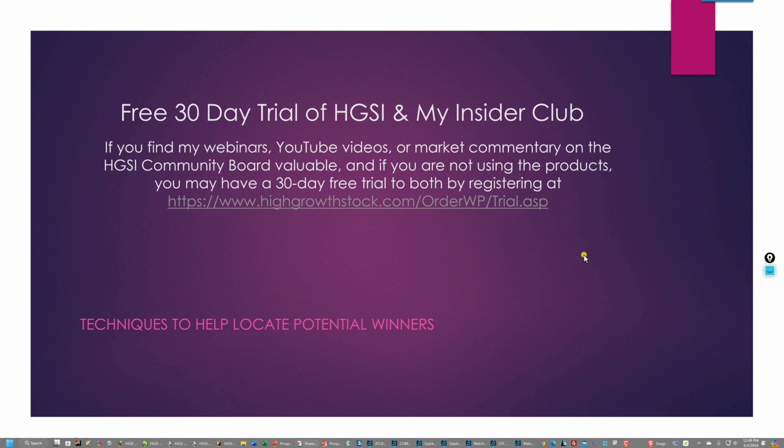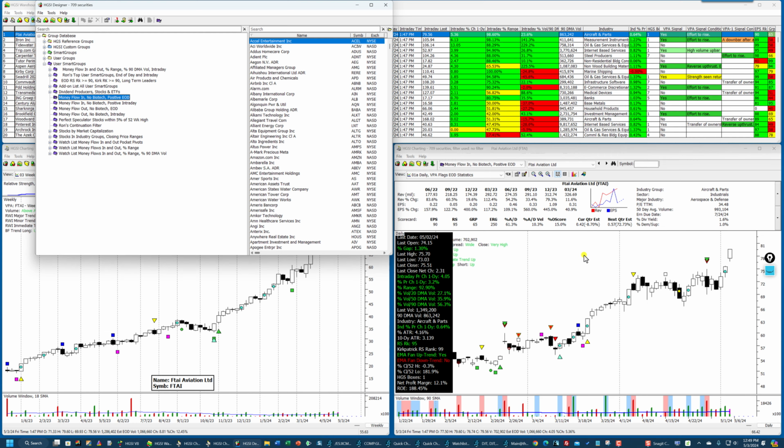Okay, so let's go ahead and get started. For you Insider Club members, when you update the add-on, you're going to find that there are a couple more money flow groups in here.